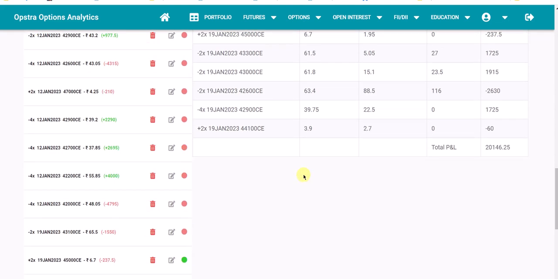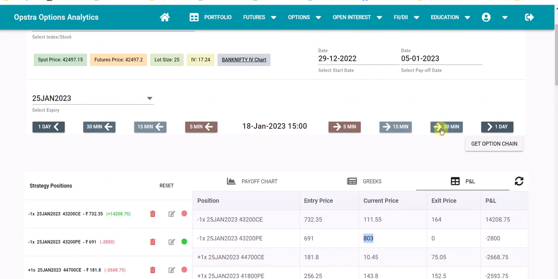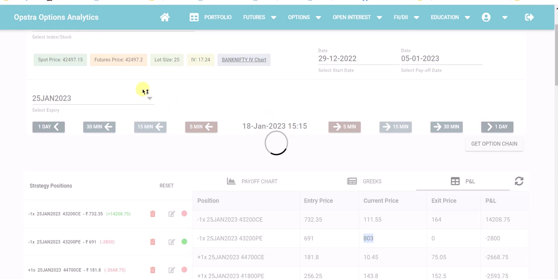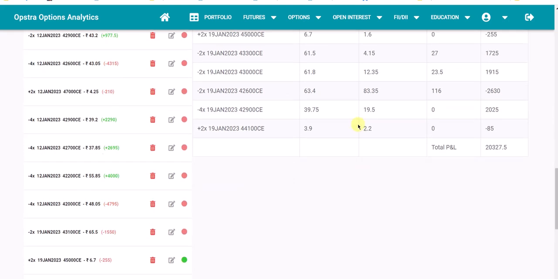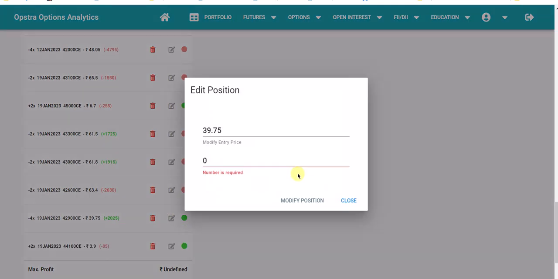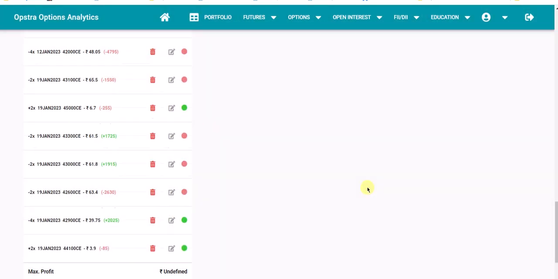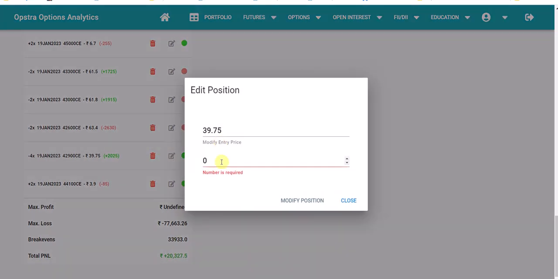Let's see at 3 o'clock where we are sitting. So we are 22, and what about this? We still have good premium at this thing. Let's go to 15. So now I would like to exit this and come closer to 30 to 40. 19.5.